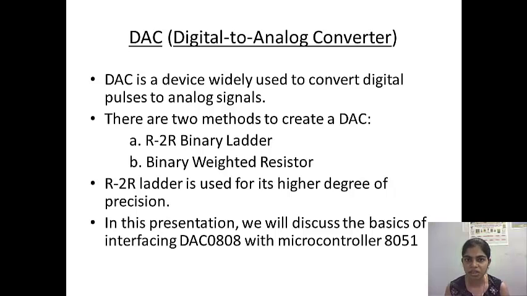There are 2 methods of building a DAC: method 1 is the R2R ladder, and the next is the binary weighted resistor. The R2R ladder is preferred because it gives higher precision than the binary weighted resistor. In this presentation we will cover the basics of how a DAC works and interfacing the DAC 0808 with the 8051 microcontroller.